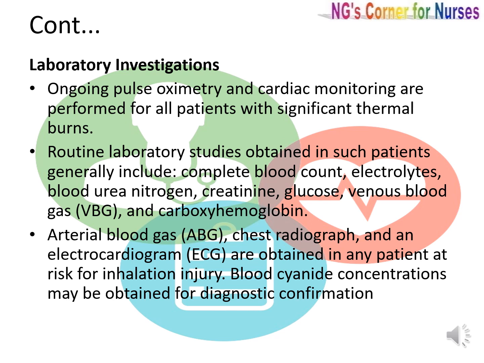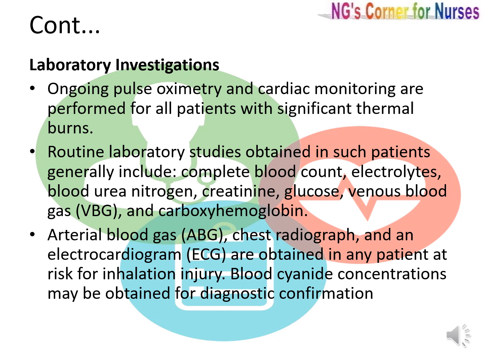Next, coming to the laboratory investigations, ongoing pulse oximetry and cardiac monitoring are performed for all patients with significant thermal burns. Routine laboratory studies obtained in such patients generally include complete blood count, electrolytes, blood urea nitrogen, creatinine, glucose, venous blood gas or VBG, and carboxyhemoglobin.